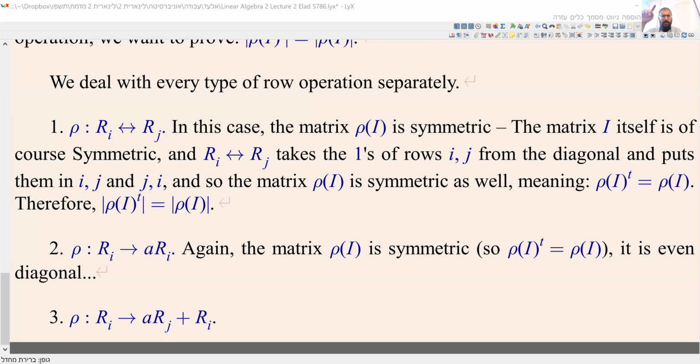Here we get the following matrix. We have ones in the diagonal, 0 outside the diagonal, but in the i, j entry of the matrix we have A, because we added R_j multiplied by A to the row R_i.